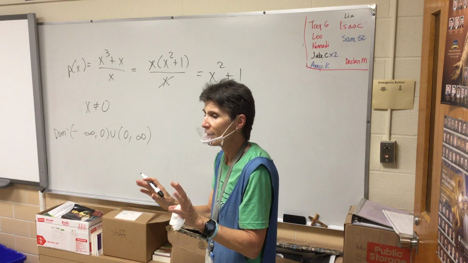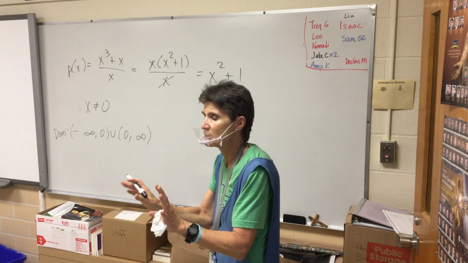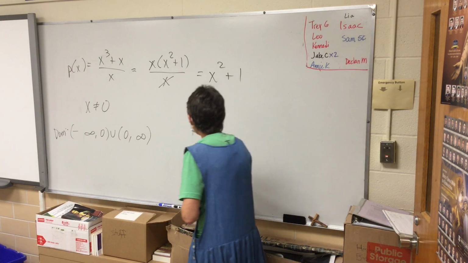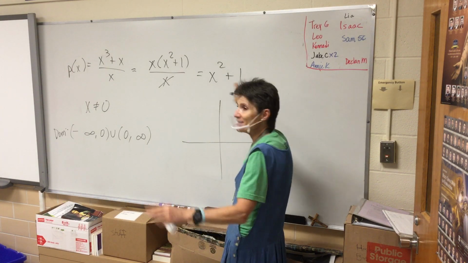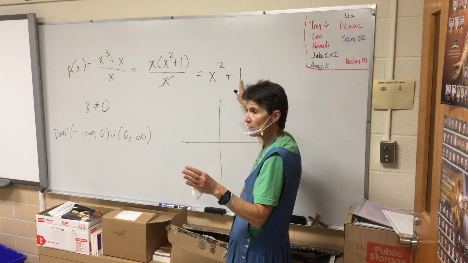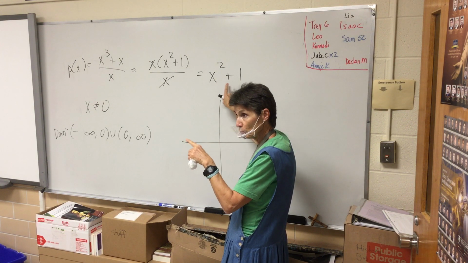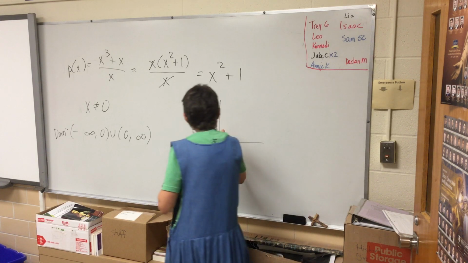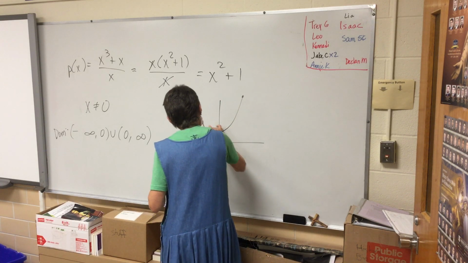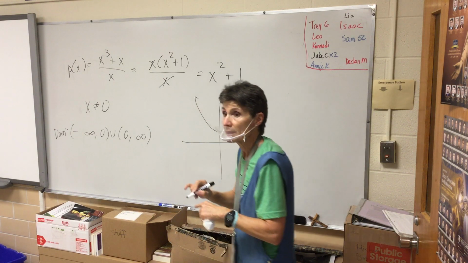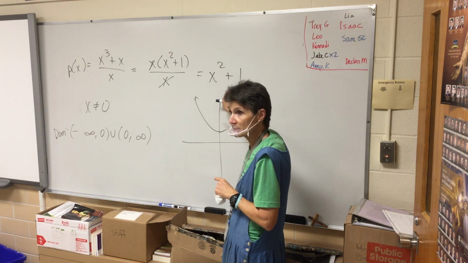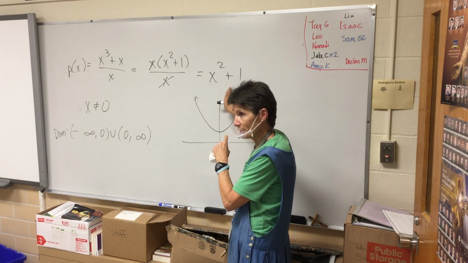We're not ready to graph yet, but just stay with me. Let me show you what that means graphically. If I graph this new equation, it would be a parabola moved up 1. So it would look like this.